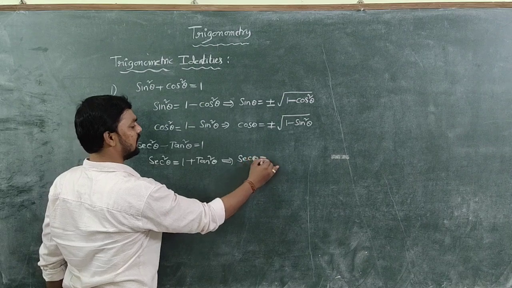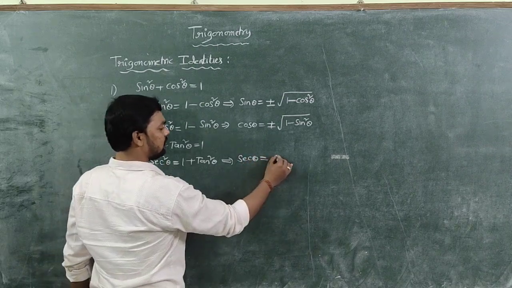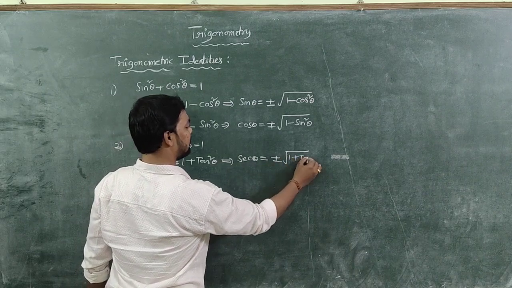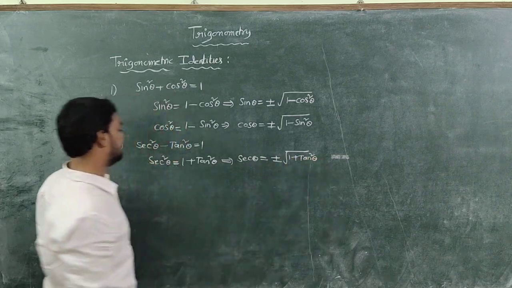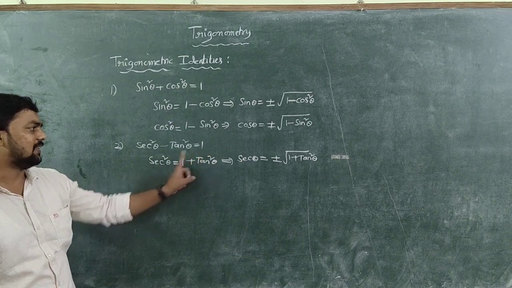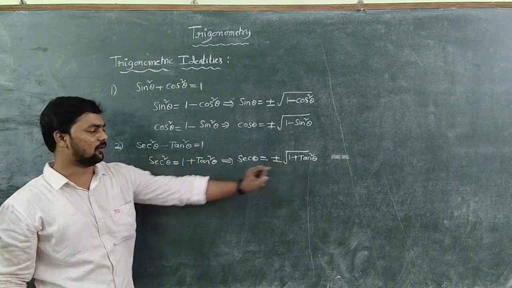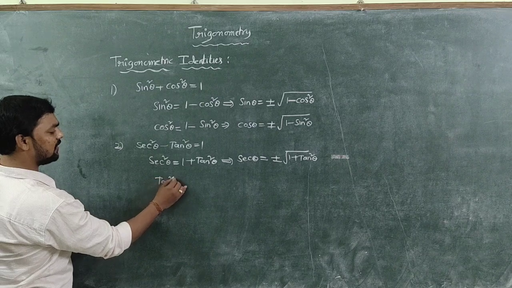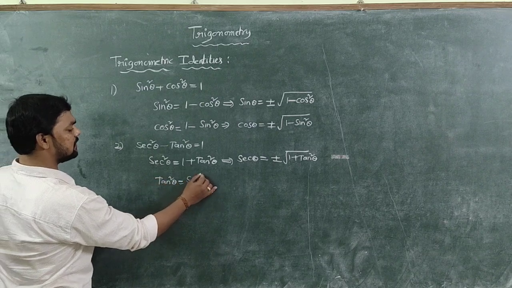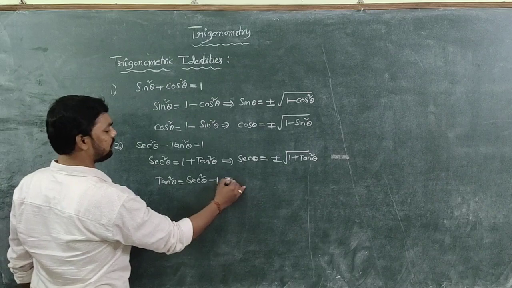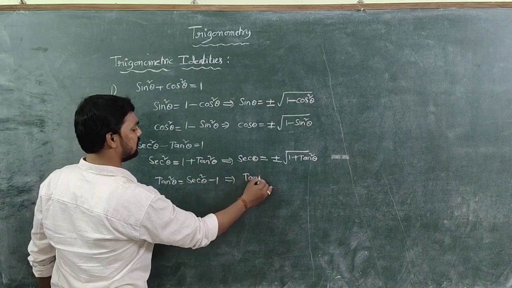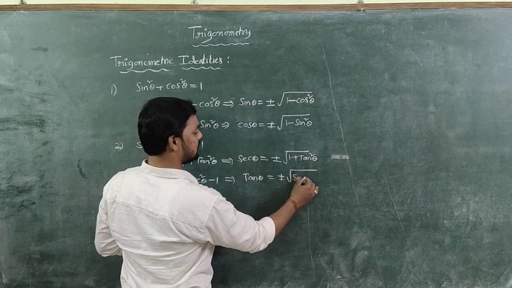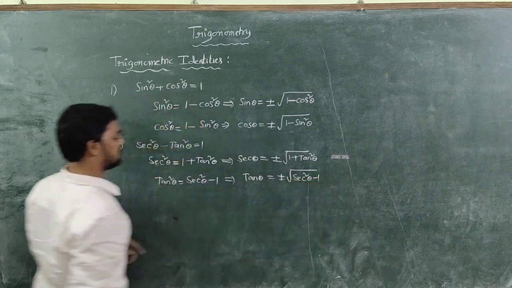From this, sec theta is equals to plus or minus root of 1 plus tan square theta. Similarly, from this tan square theta is equals to sec square theta minus 1, and tan theta is equals to plus or minus root of sec square theta minus 1.